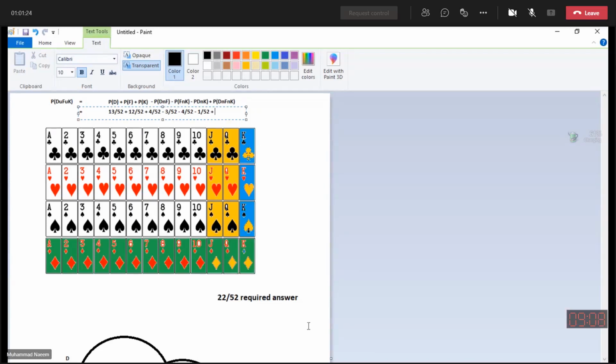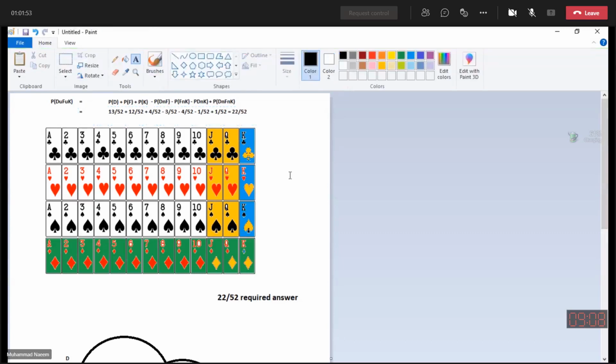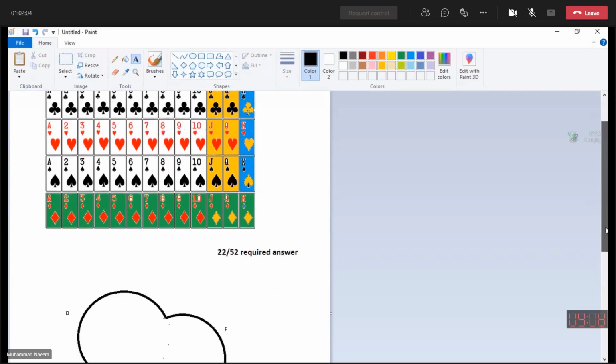Only one. Here, this one. So 1 by 52. Now simplify this equation. We get 22 by 52. The answer is 22 by 52. We have solved our problem with both the methods. Once again, try to understand.